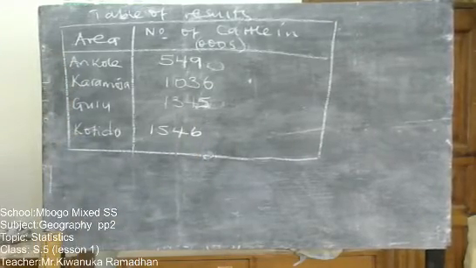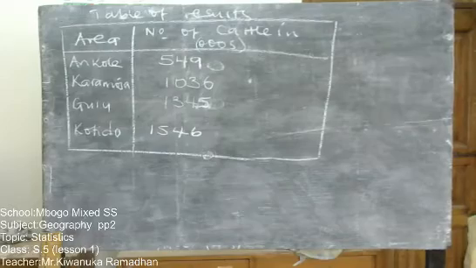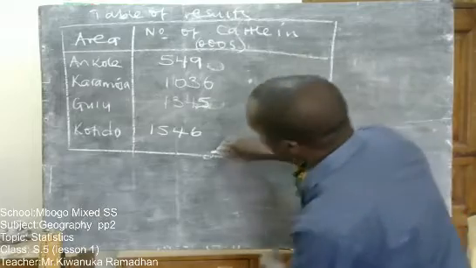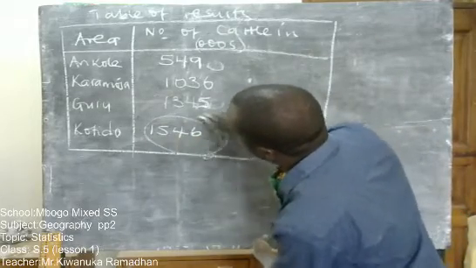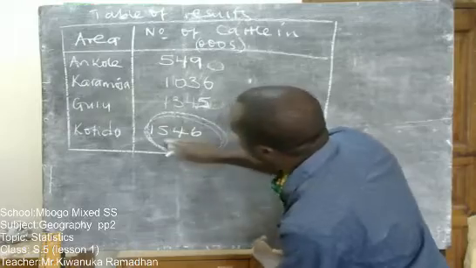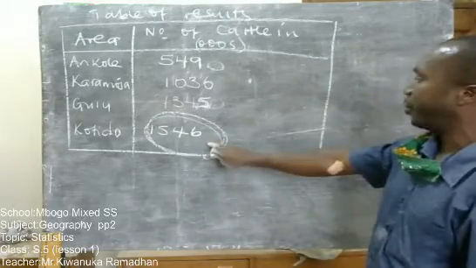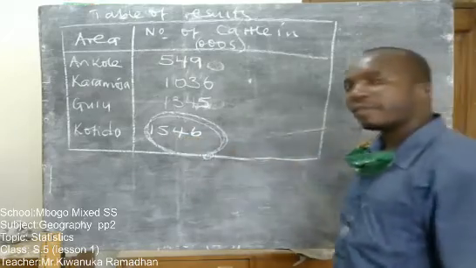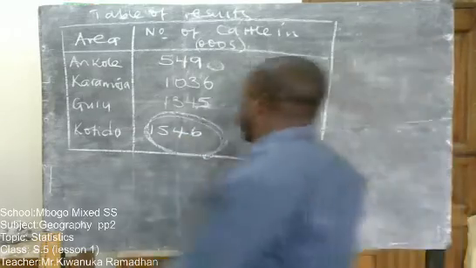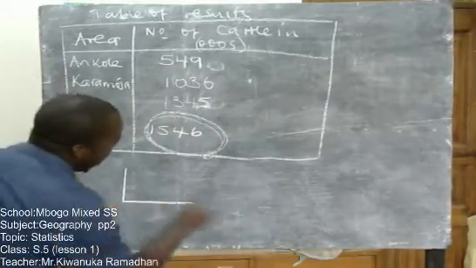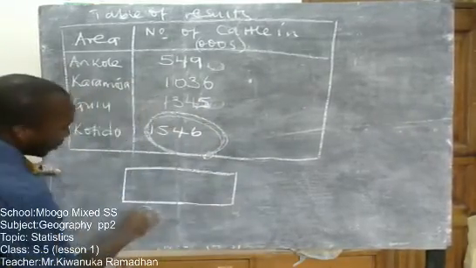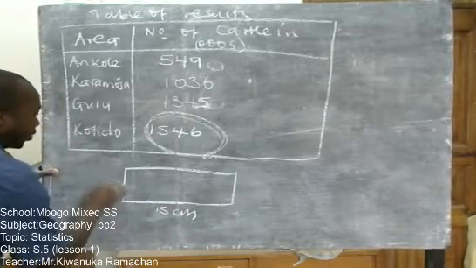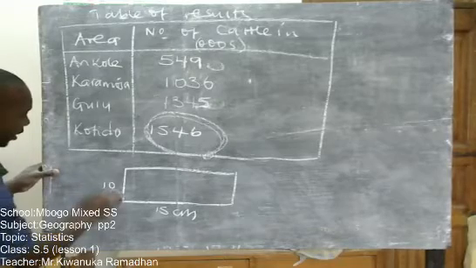Then from here, we have said that get a suitable scale basing on the total or the biggest value. To get the scale, we have said divide this by 15. Why?